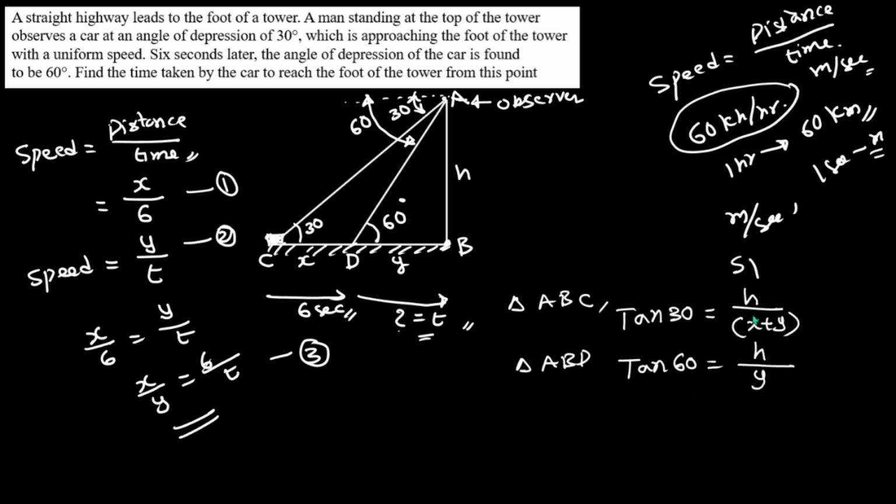From these two equations, let's eliminate h. From the first equation, h is equal to x plus y into tan 30. And from the other equation, h is equal to y into tan 60.